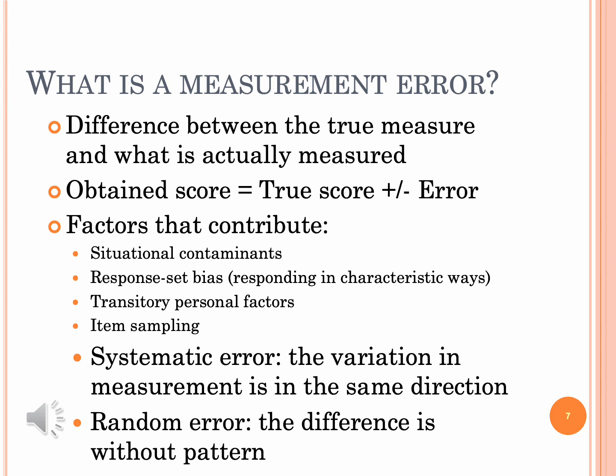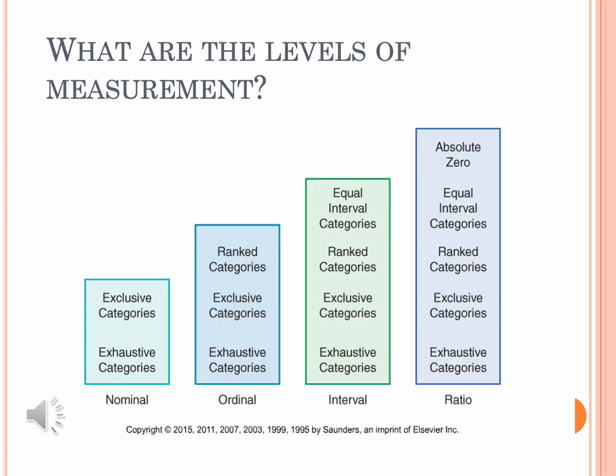It may also be that systematic errors are caused by a problem with your measurement. So if you did not calibrate your BP machine, it may be that all the participants in your sample have a blood pressure that's either higher or lower than expected, and that is a systematic error.